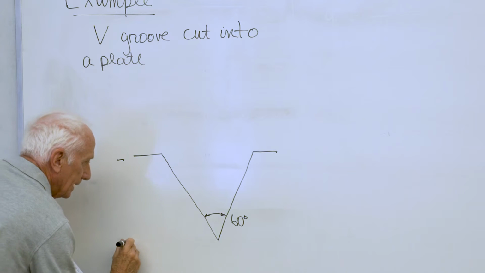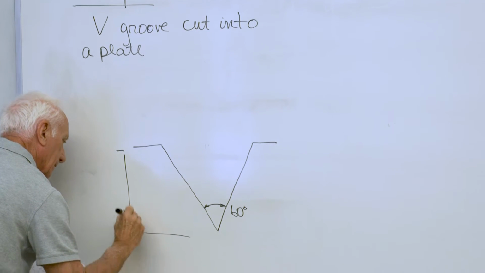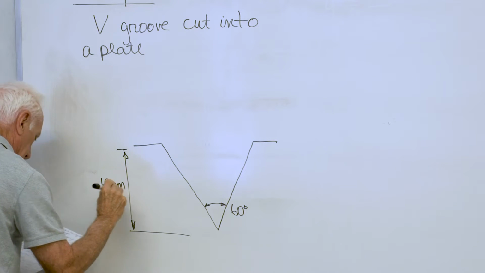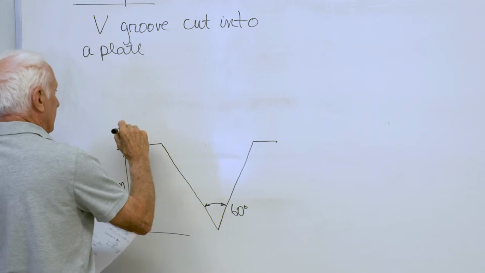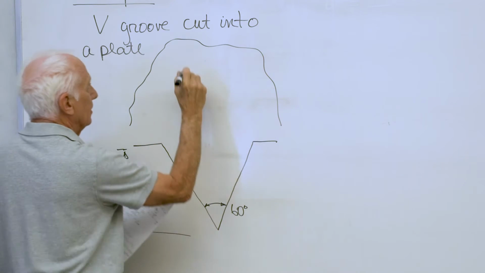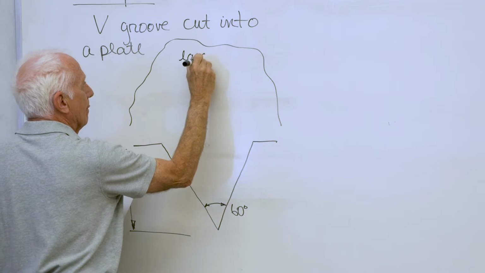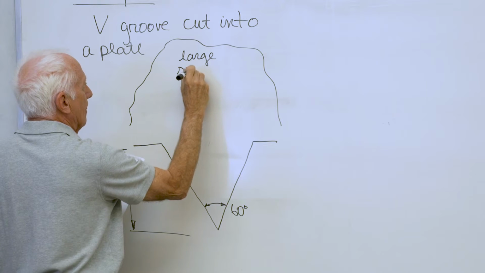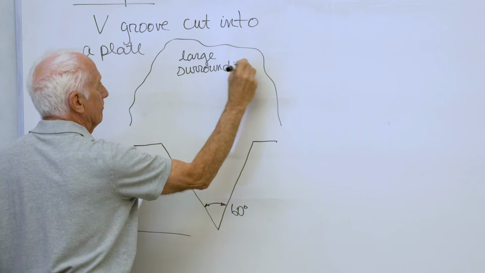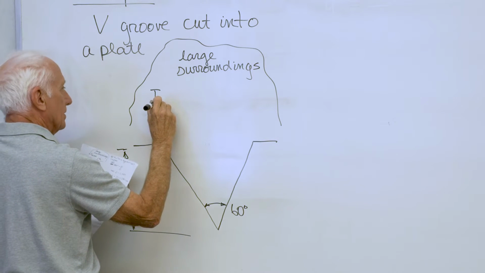The V groove depth is 10 centimeters. It's cut in that plate, and this plate is in a room with large surroundings. And the temperature of the room walls, we'll call it T surroundings.